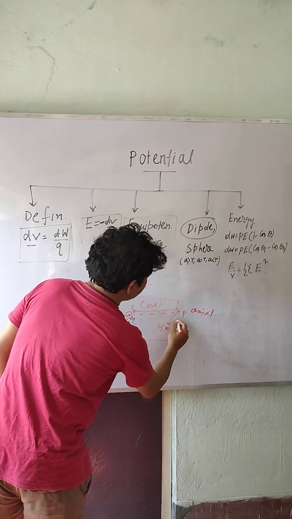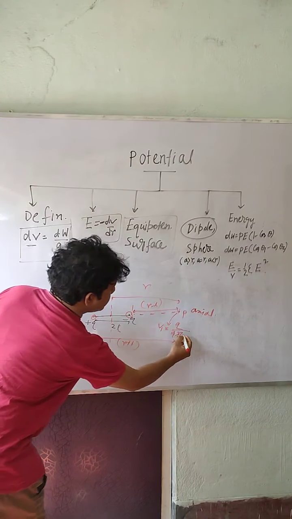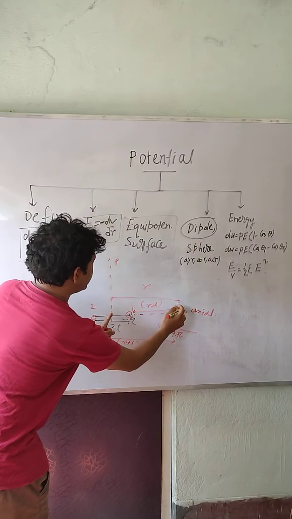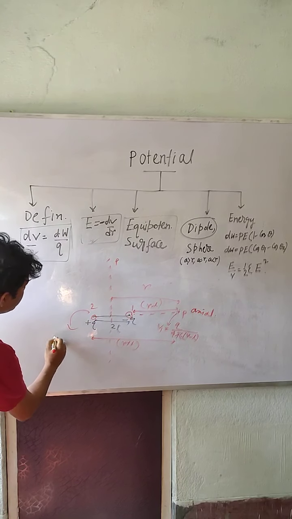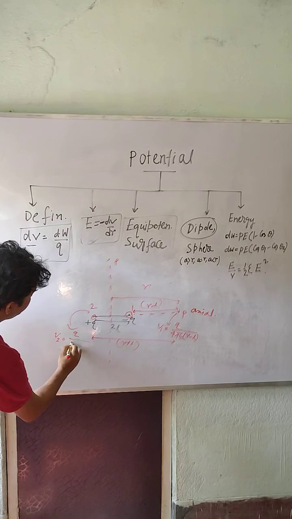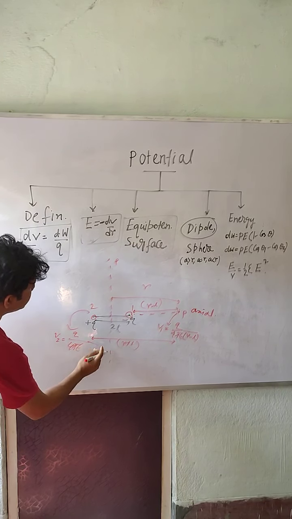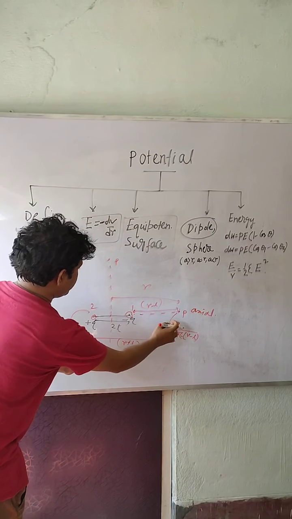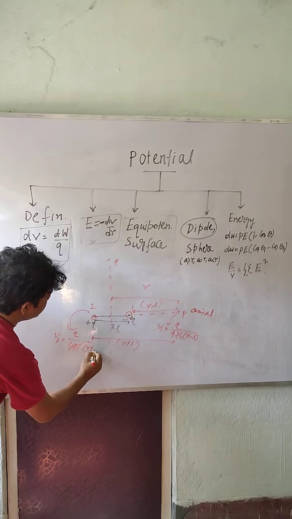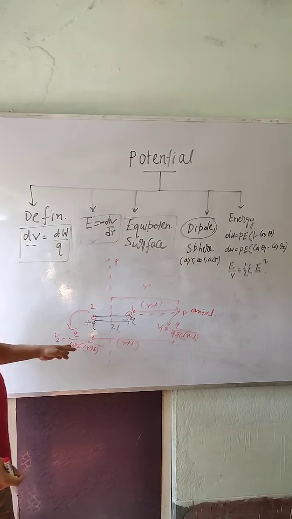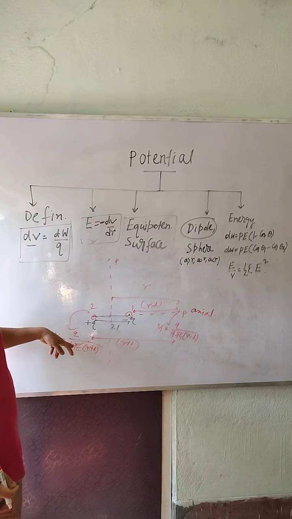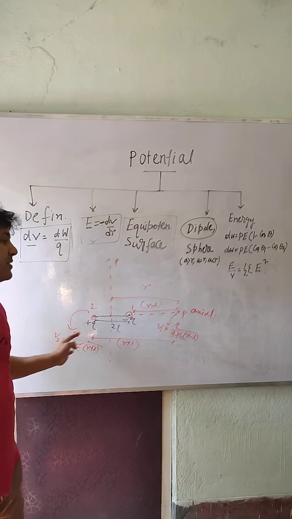So V1 will be Q by 4 pi epsilon times (r minus l), and V2 will be Q by 4 pi epsilon times (r plus l). Now, as the denominator has the greater value, V2 will be less than V1.